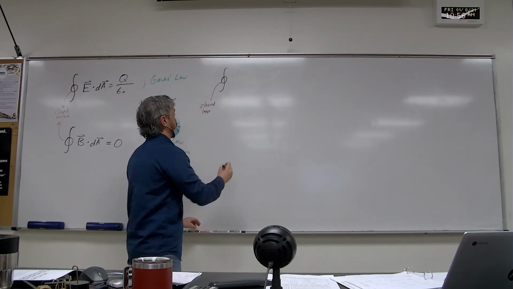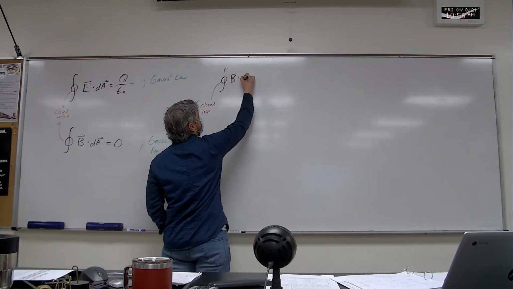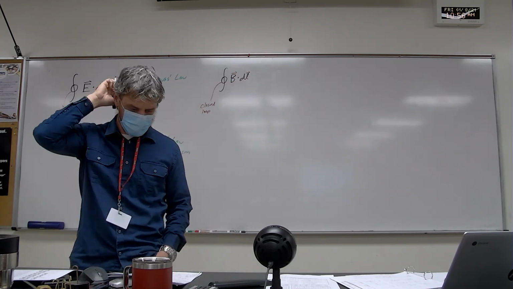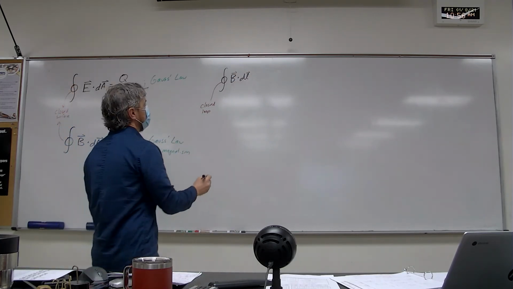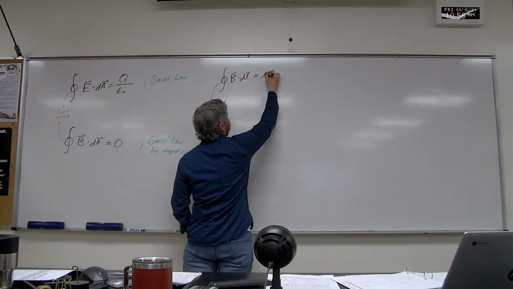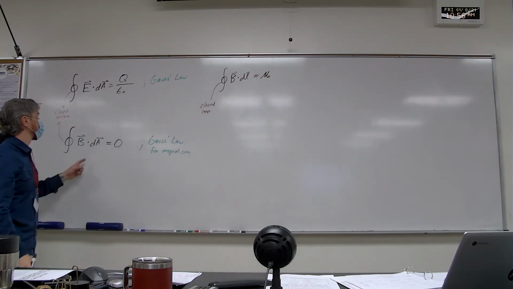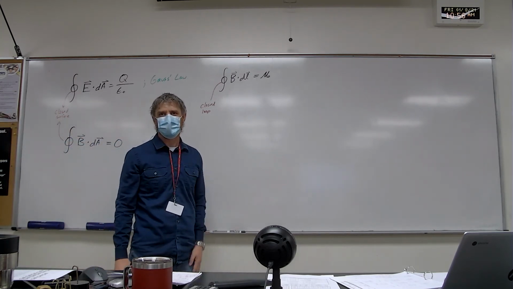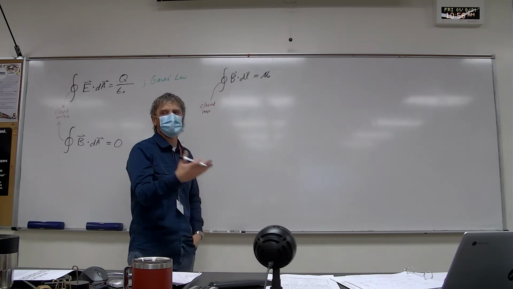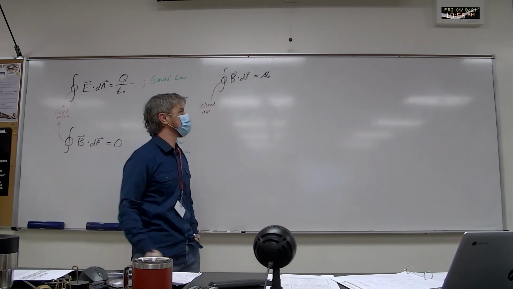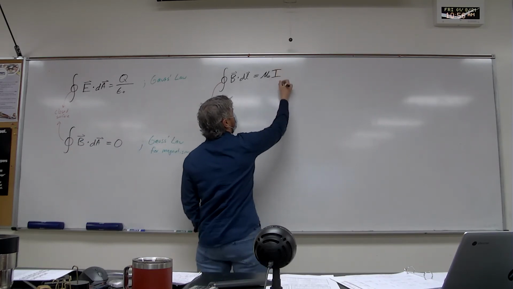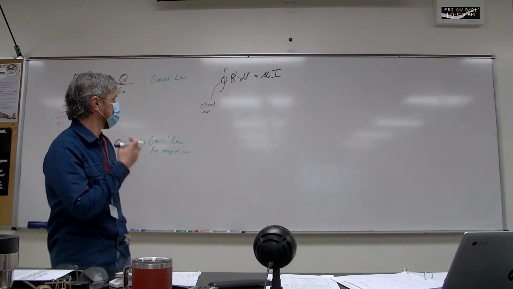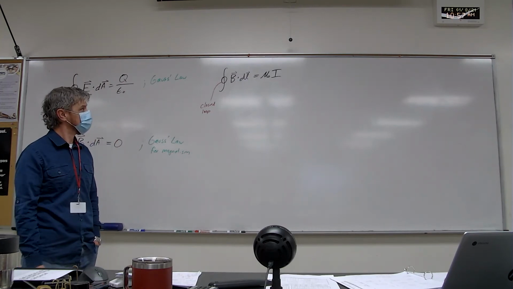The integral is of B dot dl, which just means a differential length of a wire, usually. That's equal to the magnetic equivalent of epsilon naught, the permeability of free space, or the magnetic permeability, which has to do with magnetic field lines within space, times the electric current that's actually traveling through that loop of wire. Okay, that's Ampere's law.